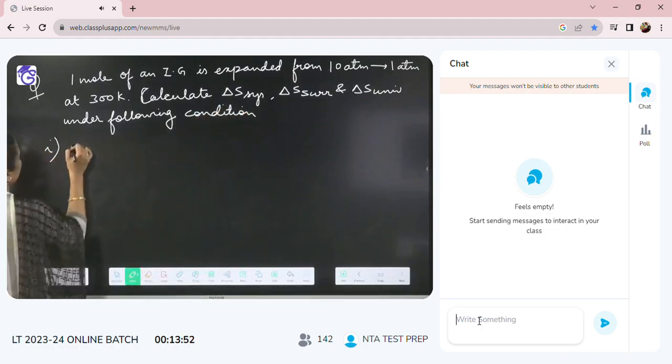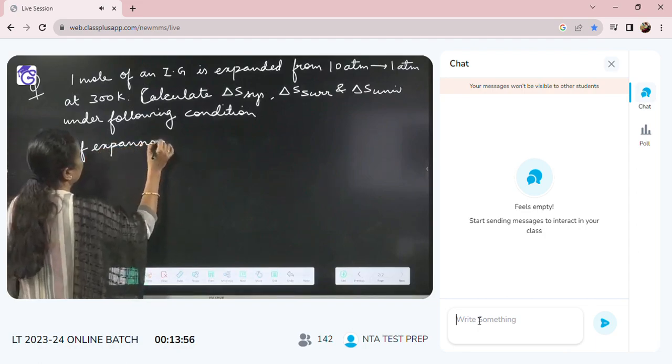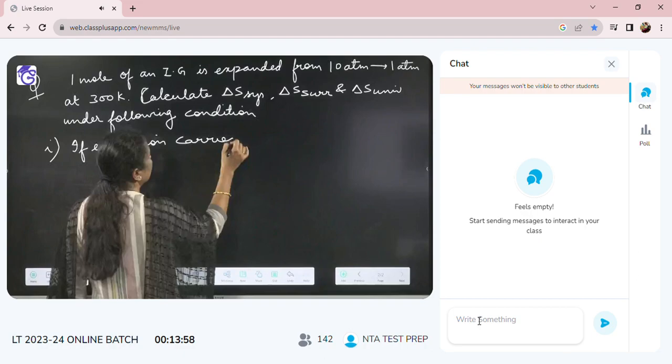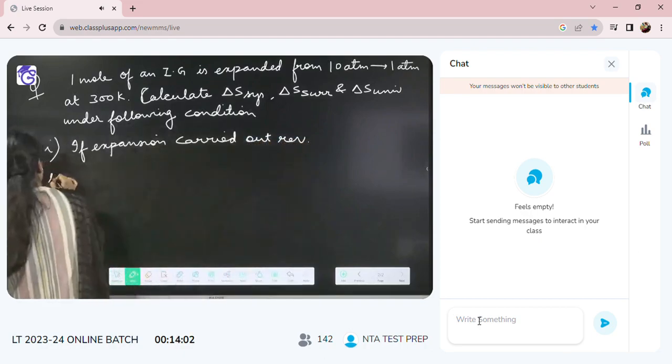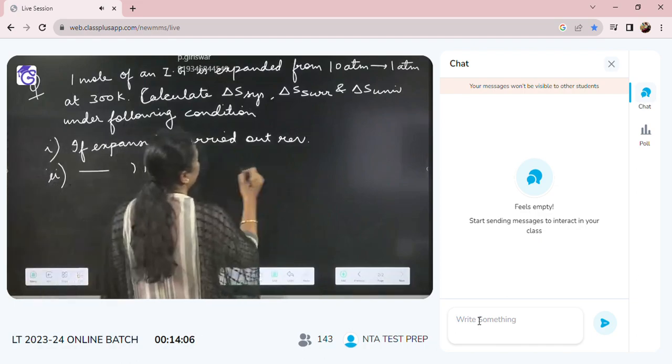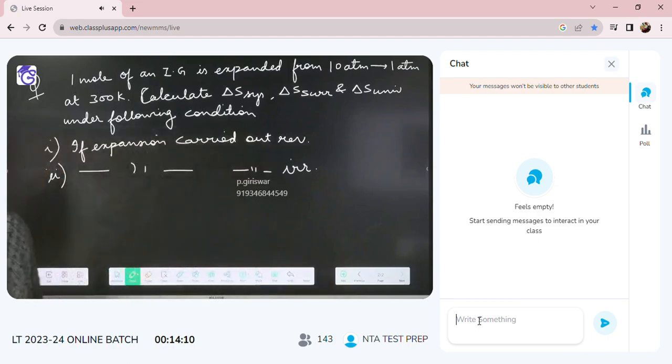First one, if expansion is carried out reversibly. Second one, if expansion is carried out irreversibly. And you can keep your answer in terms of R ln itself. Find it and let me know.